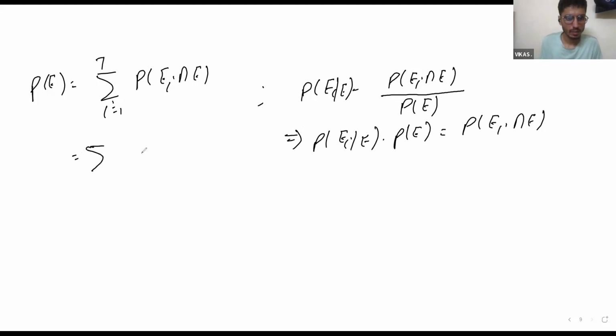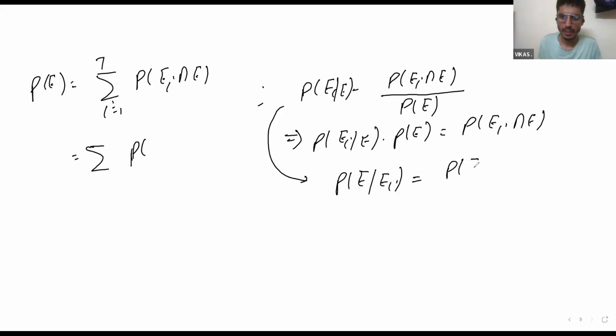Or from here I can also write the probability of E given Ei, which is probability of E intersection Ei upon probability of Ei, and this denominator I take to the left side.